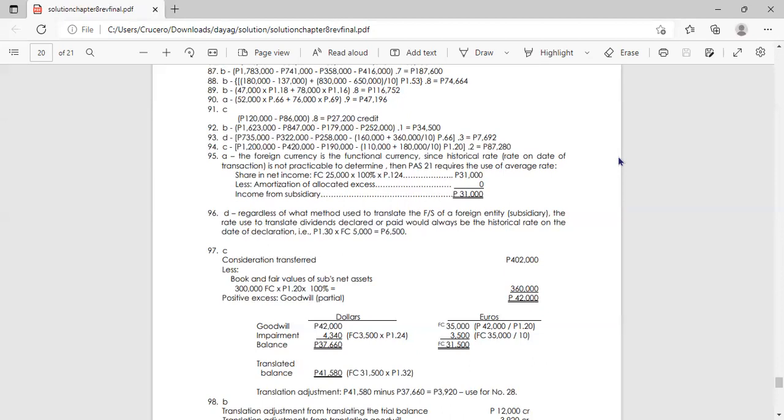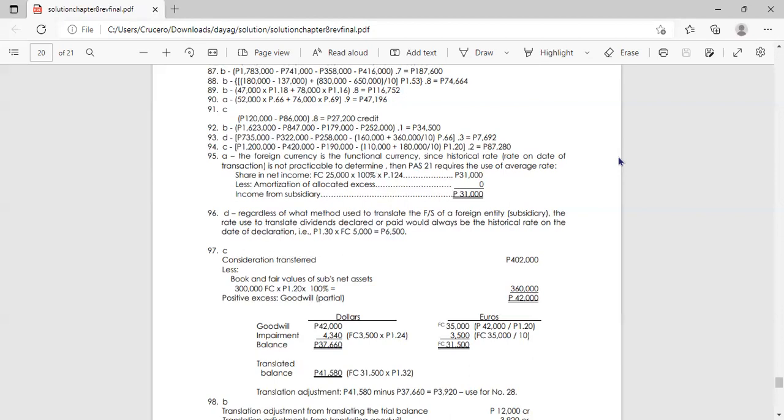89, a Philippine subsidiary, 80%. Now it's 80% also, just like number 88. A Philippine subsidiary, 80%, declared and paid dividends on March 31 and September 30 in the amounts of 47,000 and 78,000 LCUs respectively.